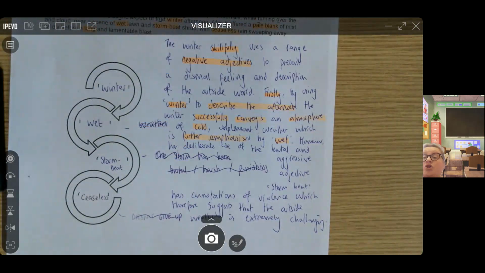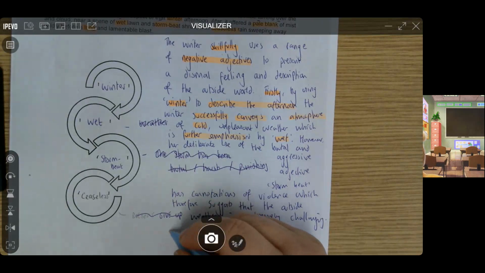Now, I've still got one cumulative adjective that I want to add in, so I'm going to do that.